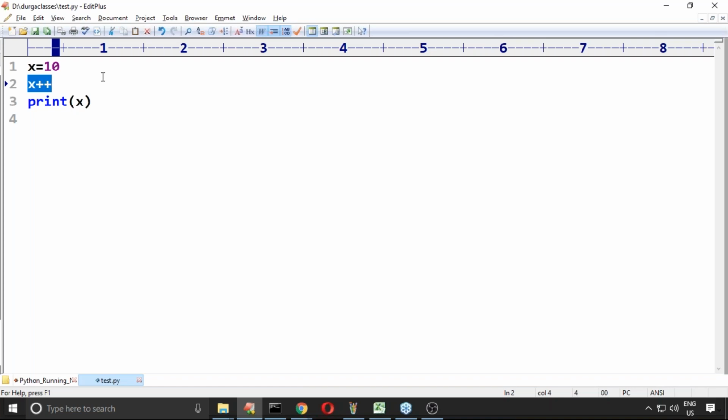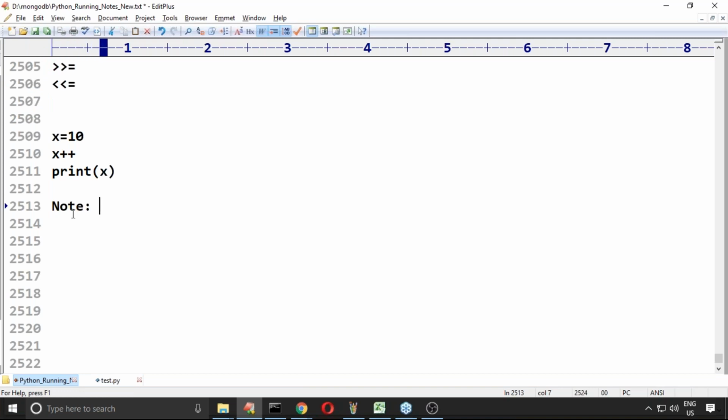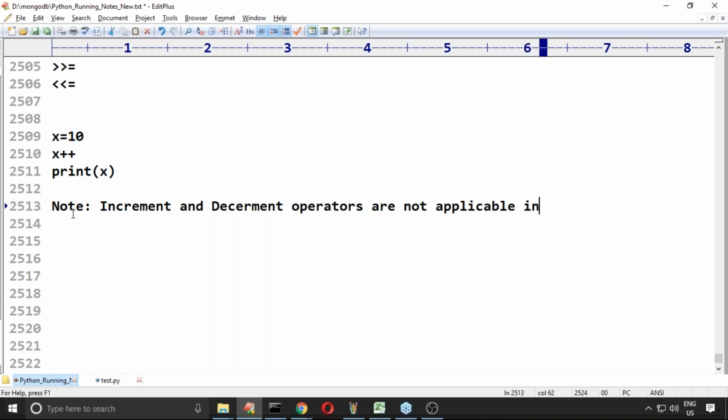So if I ask in Python, the Python virtual machine is going to give an error. Remember carefully, right? What is the reason for that? The reason is, sir, increment and decrement operators are not available in Python.